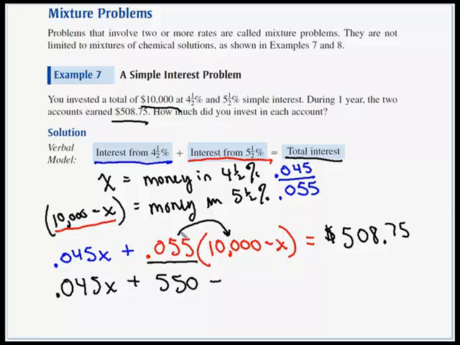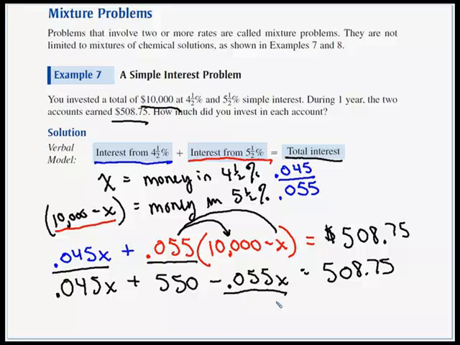And then we minus, distribute the 0.055 to the x. 0.055x equals our $508.75. 0.045x minus 0.055x takes us to negative 0.01x equals, and then we will subtract 550 from each side. We're going to subtract 550 here, subtract 550 here, and that's going to take us to negative $41.25.